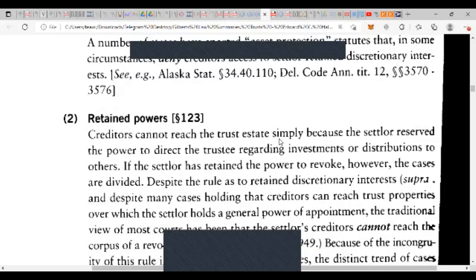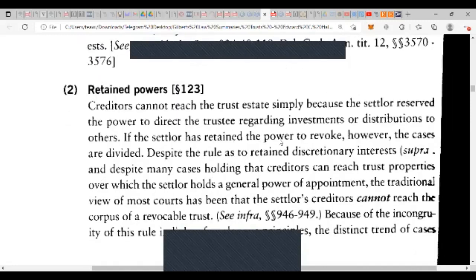Okay, section 2, retained powers, section 123. Creditors cannot reach the trust estate simply because the settlor reserved the power to direct the trustee regarding investments or distributions to others. If the settlor has retained the power to revoke, however, the cases are divided.